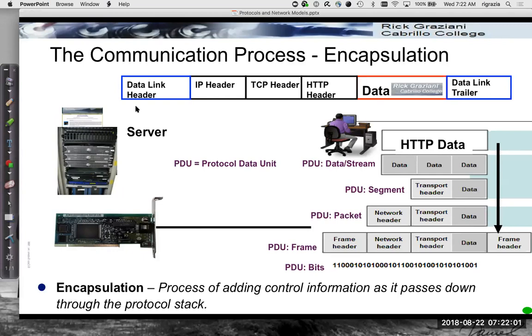That will make more sense to you as we go through these videos and as I talk more about it in class. All right, then all of this gets transmitted as bits and sent by the network interface card out its interface to typically an Ethernet switch.